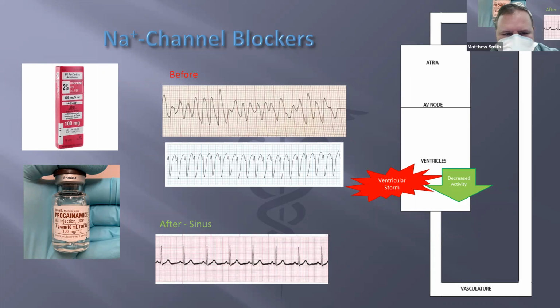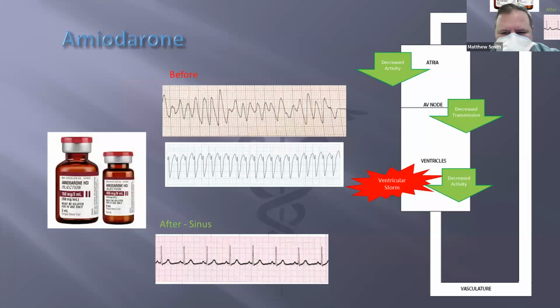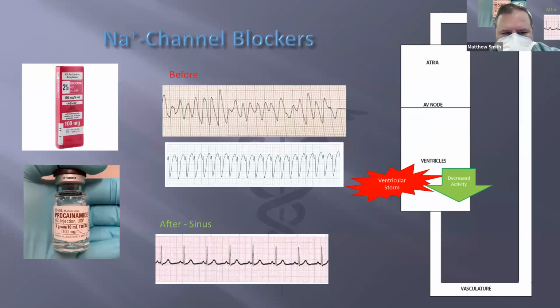Notice that sodium channel blockers are more targeted. The lidocaine and the procainamide are more targeted than the amiodarone. Amiodarone suppresses activity in the atria and at the AV node. Exclusive sodium channel blockers like lidocaine and procainamide just work at the level of the ventricles.